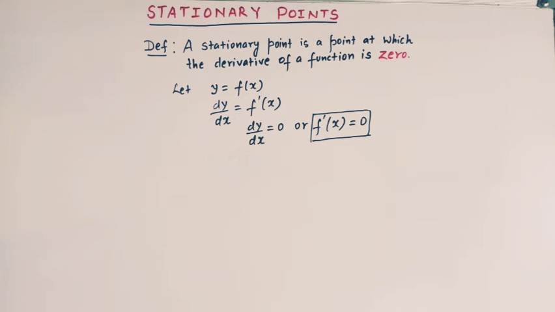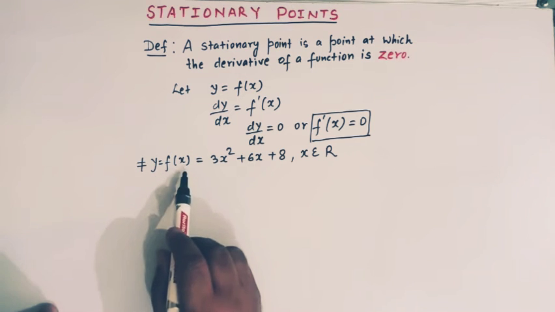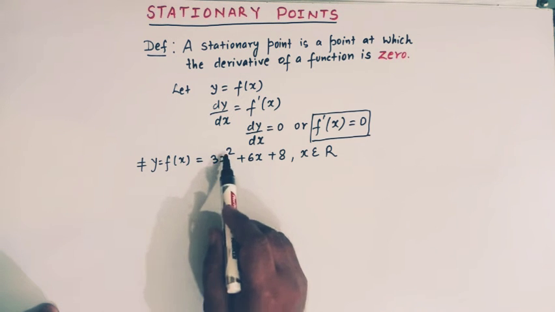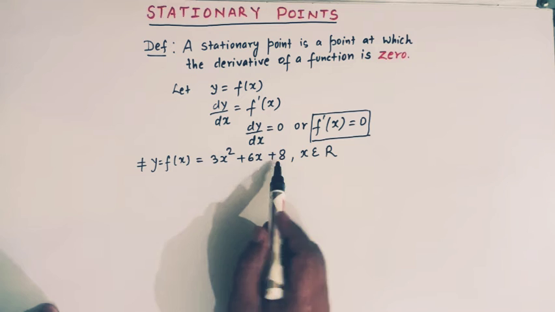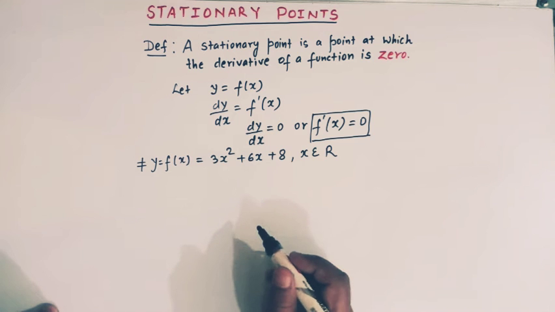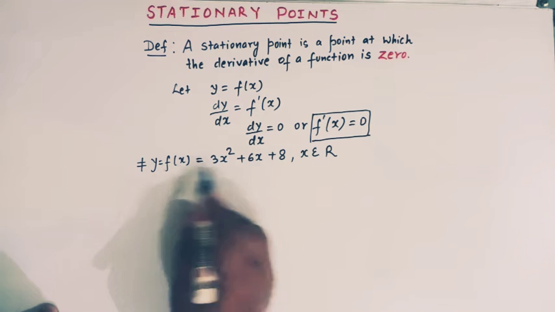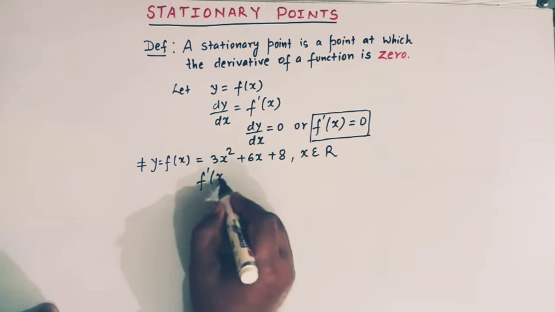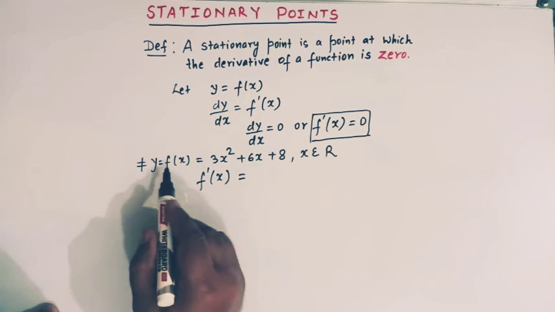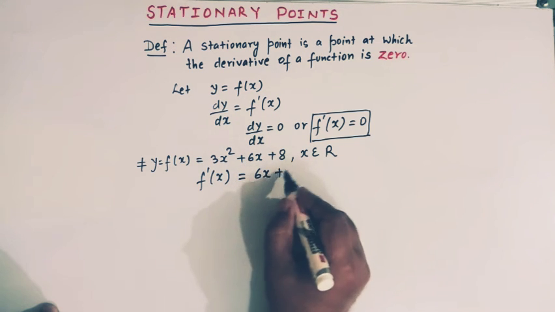So let us take an example. Now here we have this quadratic function f of x is equal to 3x square plus 6x plus 8, where x belongs to R. Now here we wish to find out the stationary point, right? So let us differentiate it. So f prime of x, that is the derivative of f of x, is 6x plus 6, right?